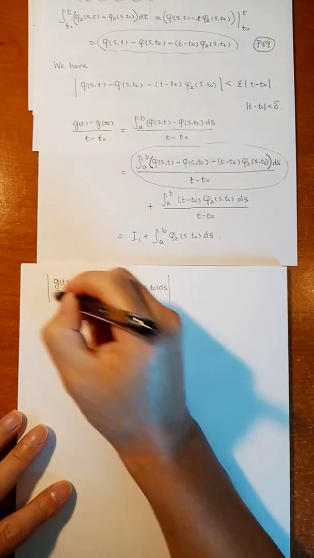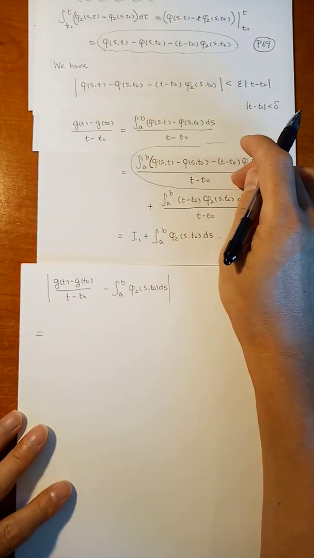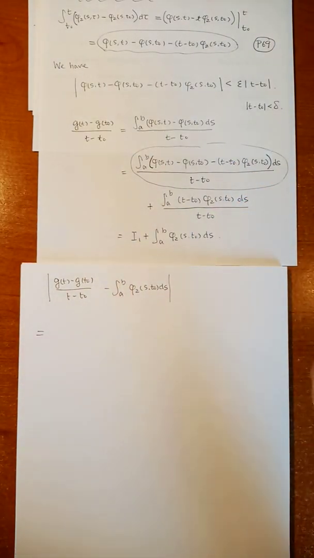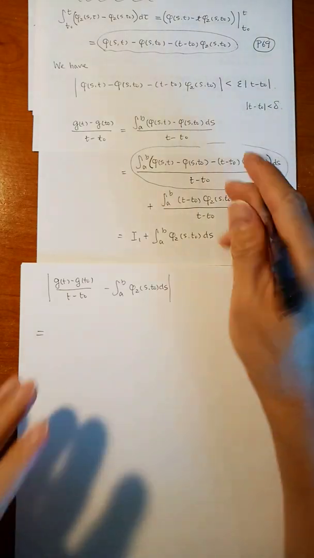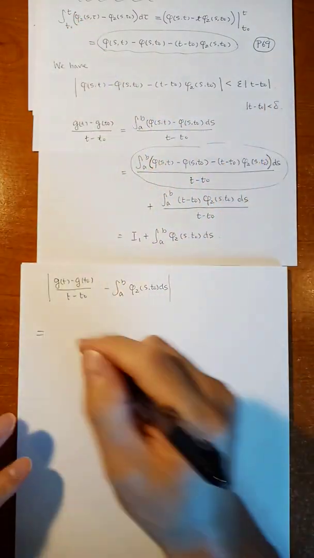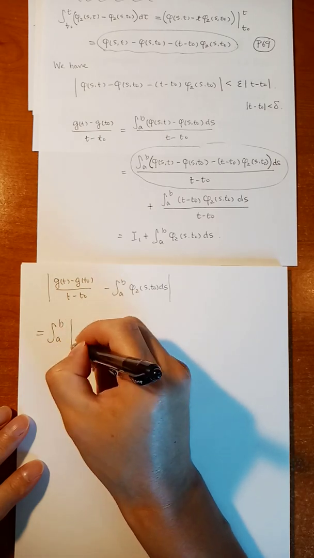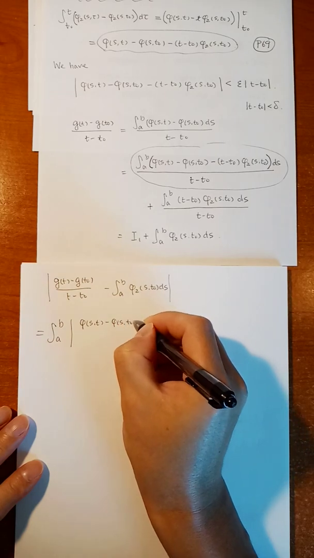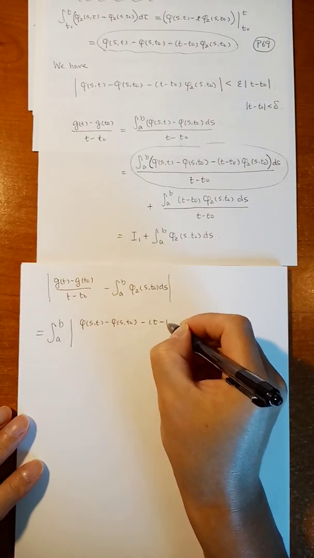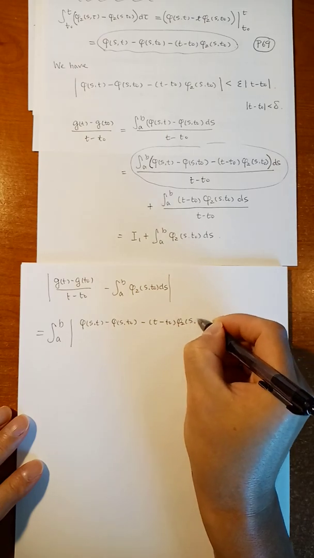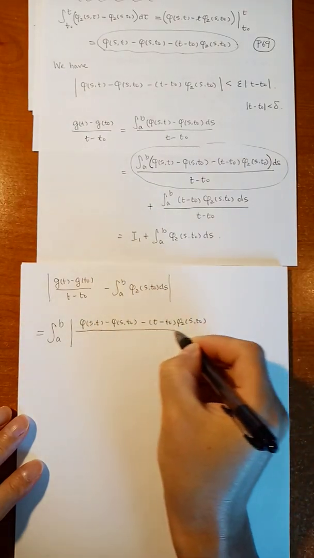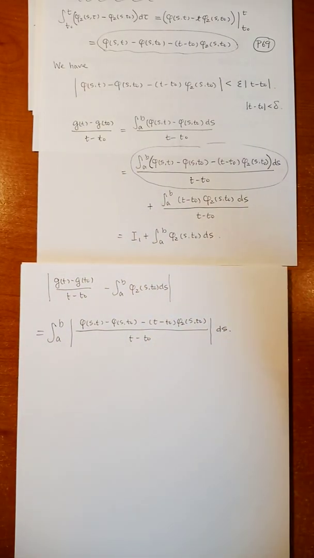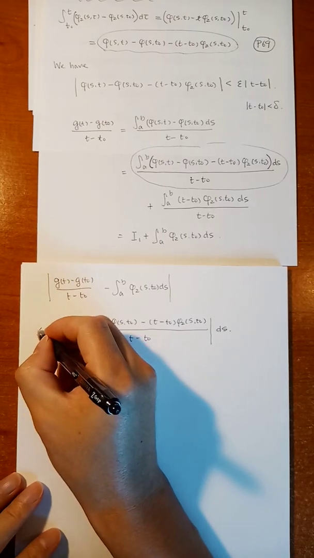So the absolute value is equal to this one. And we put this into the integral, and also we put the absolute value into the integral. Right? We have such a thing. This is less than or equal to.